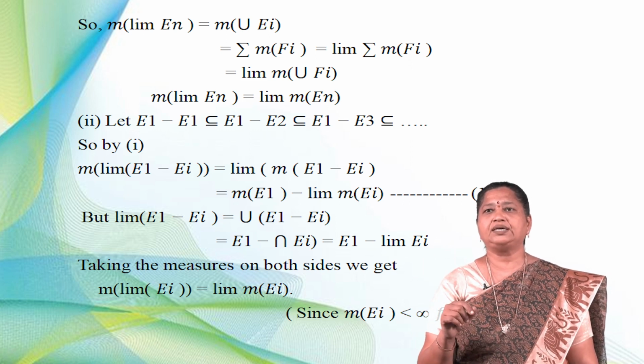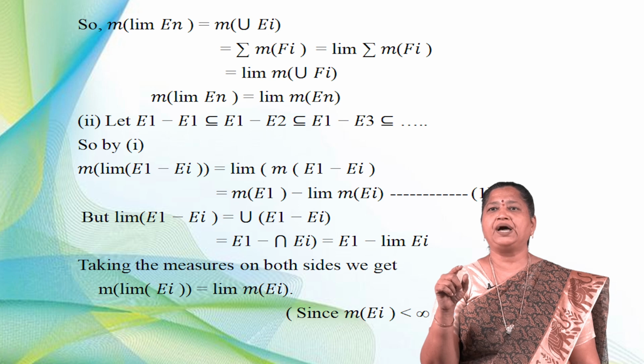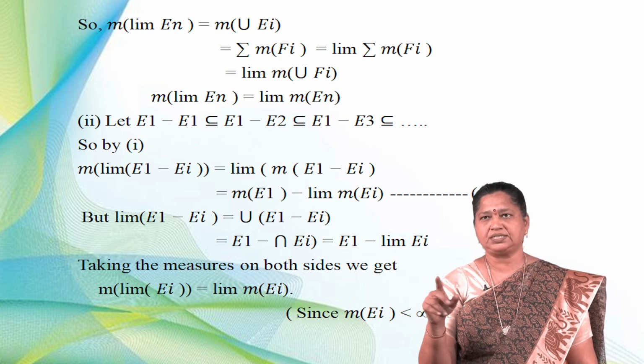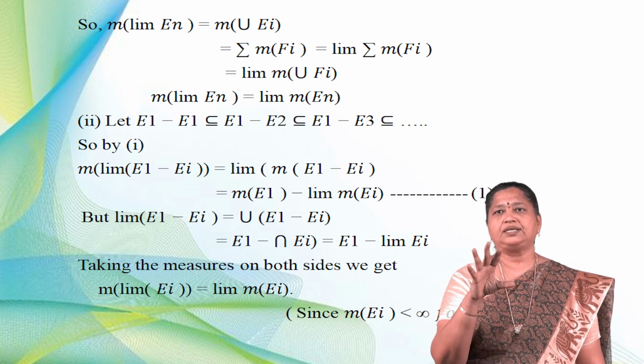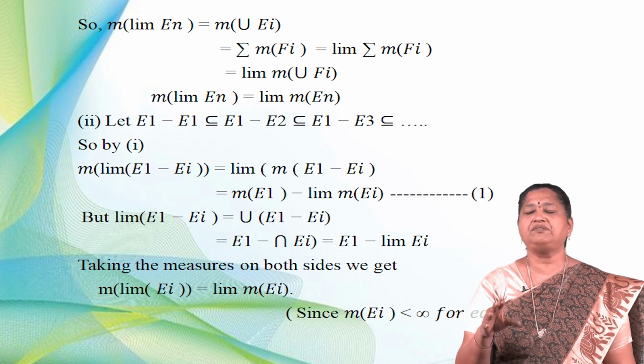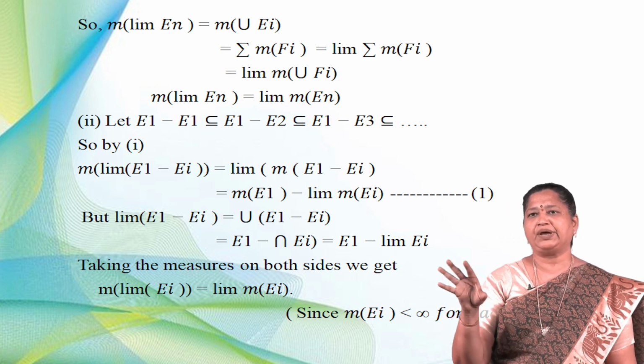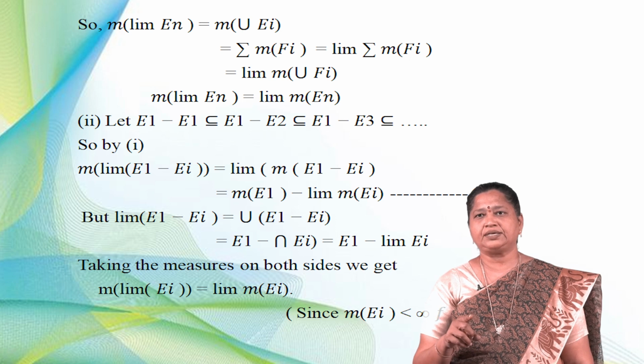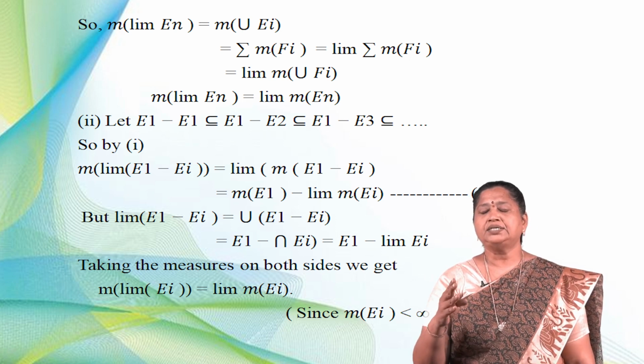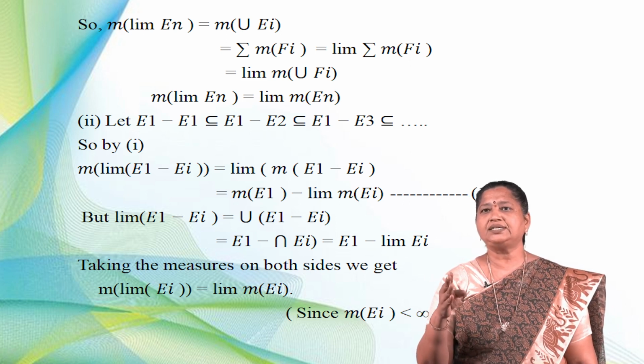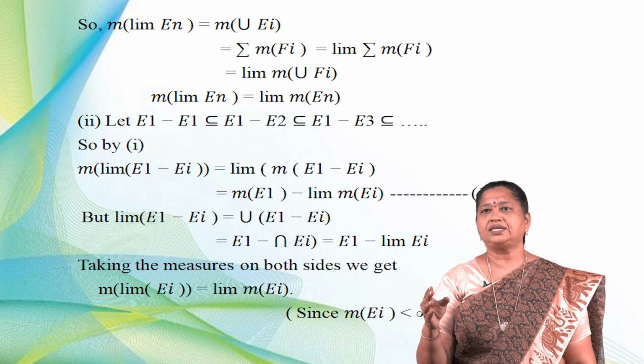That is equal to m of E1 minus limit of m of Ei. That is equation 1. But limit of E1 minus Ei is equal to the union of E1 minus Ei, that is equal to E1 minus the intersection of Ei, that is equal to E1 minus limit of Ei.